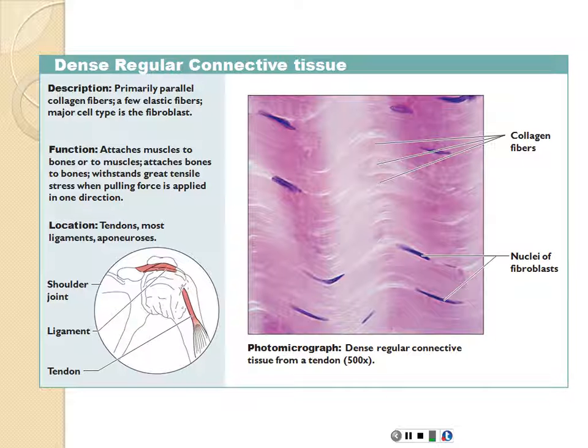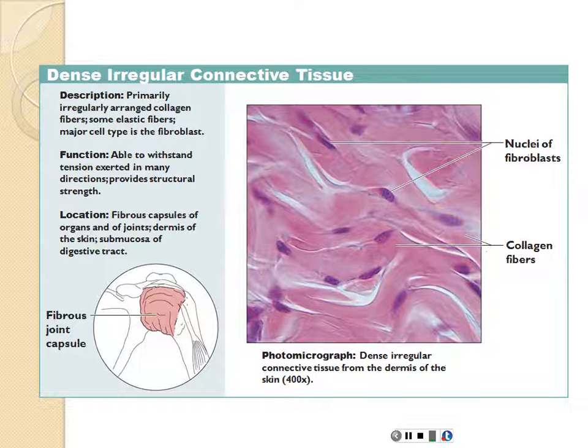And again, an easy way to remember is try to think of an example. Your Achilles tendon, that's the easiest, connects what? Your calf muscle to the heel of your foot. And ligaments connect, right, femur to tibia, for example.